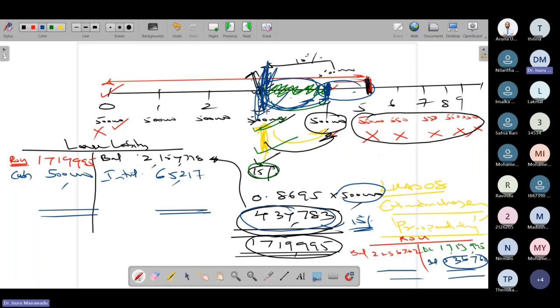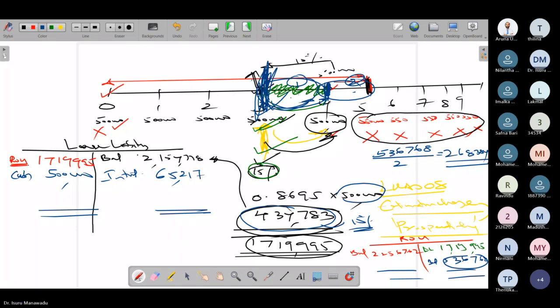So year 1 and year 2, right? So this should be divided by 2. 536,768 should be divided by 2. So what is the depreciation for a year? 268,384.